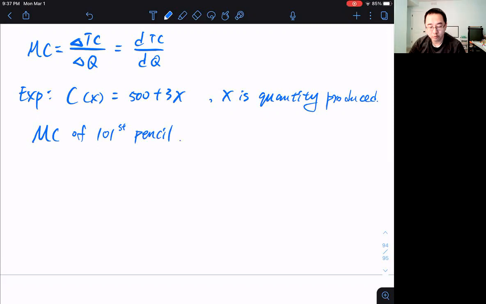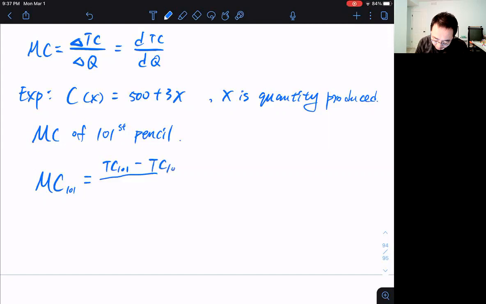Now, with your traditional way, you say, okay, the marginal cost of 101 is the change in total cost, which is the total cost of producing 101 minus the total cost of producing 100, divided by the change in quantity, which is 101 minus 100.